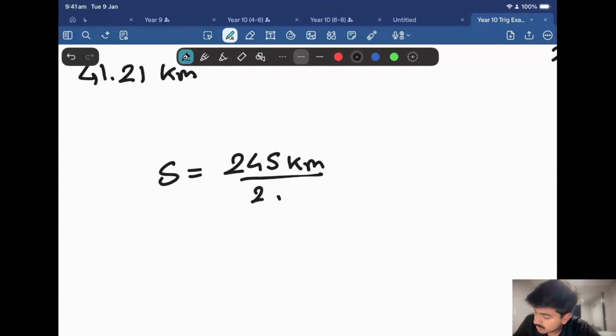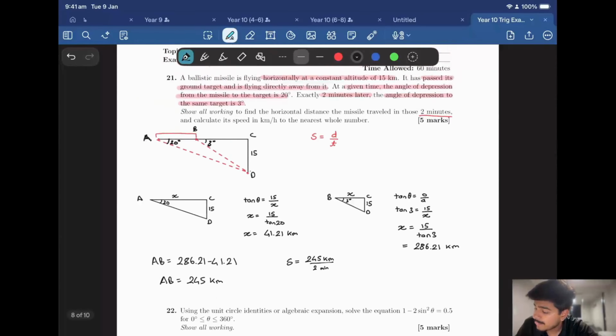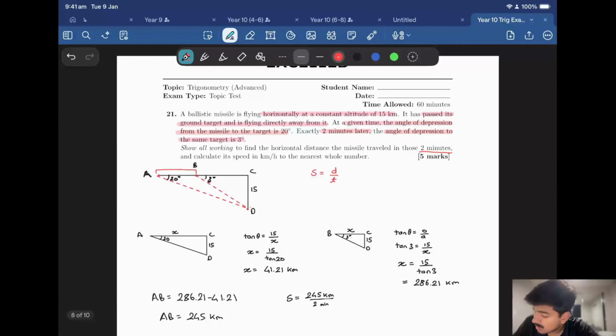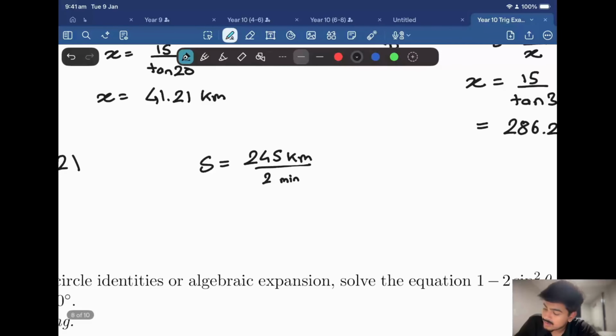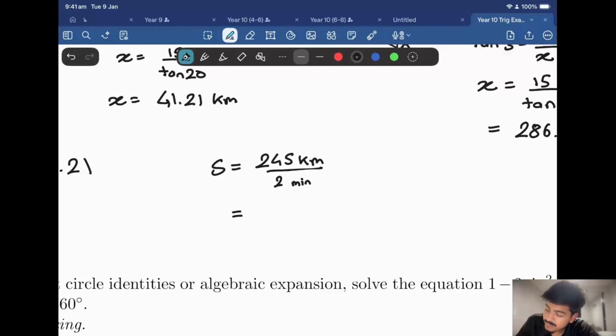What do we need to do? We need to find our answer in kilometers per hour, right? So one way to do this is to find kilometers per minute and then multiply by 60. So that's 245 over 2, that's 122.5 kilometers per minute, okay?